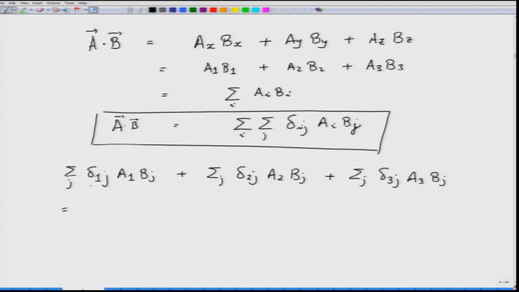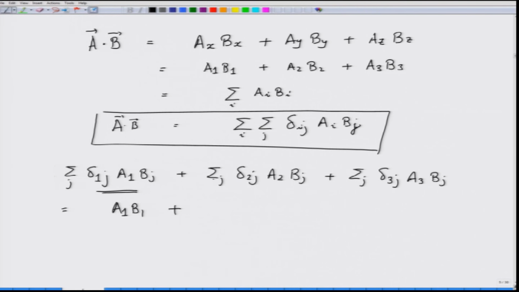When j is 1, I get delta 1 1 in the first term, which is 1, so I get A 1 B 1. When j is 2, delta 1 2 is 0, delta 1 3 is 0. So, the only contribution for the first term is A 1 B 1.